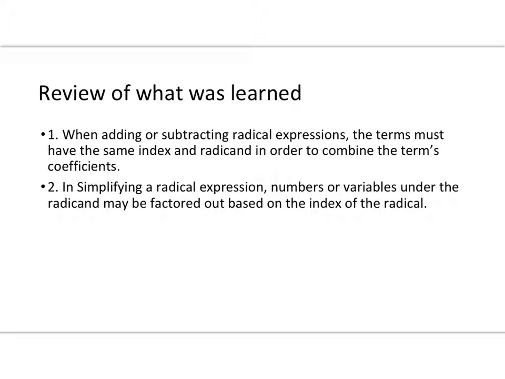And we can do both operations. In other words, we would want to sometimes simplify the radical first that's under the radicand, and then if we had the same radicands in different terms along with the index, we could add the coefficients.